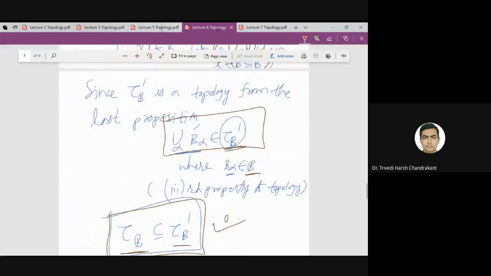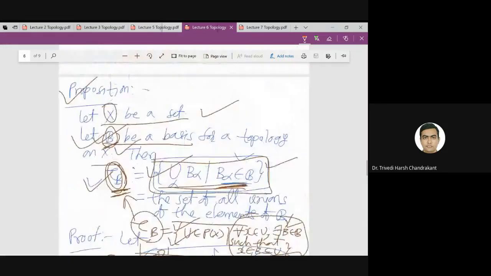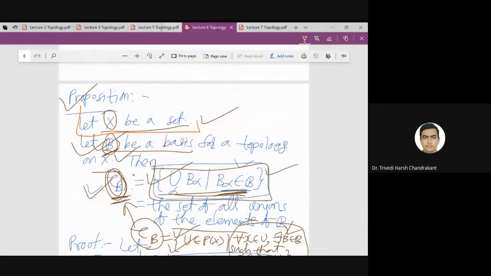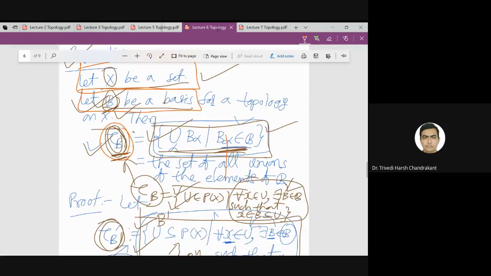So again, let me go back to the statement. It says that I am given a set X and I have a basis B, then I can define the topology in this way, and the elements of the topology, which we usually call the open sets, are nothing but all the unions of the basis elements.